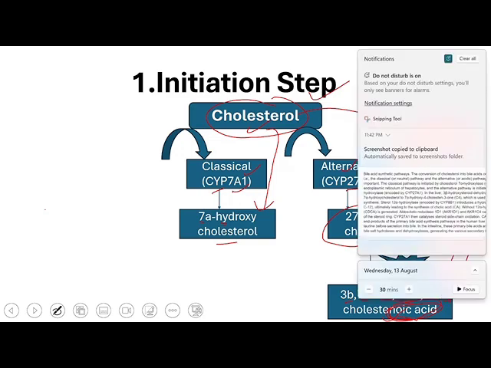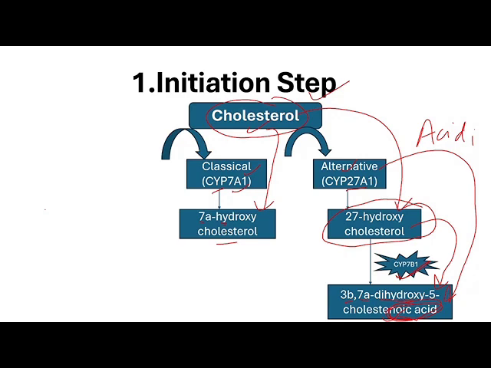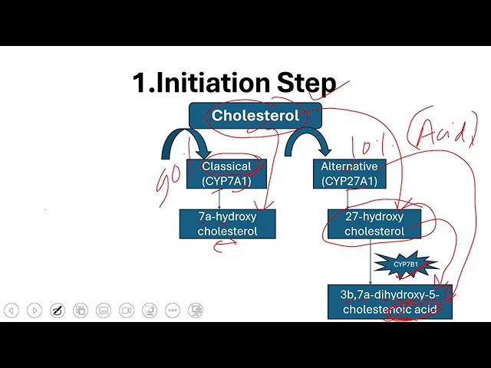However, both pathways lead to the synthesis of the bile acids, but in the classical pathway there is no intermediate where acid is present. So this classical pathway is also called the neutral pathway, but the alternative pathway is called the acidic pathway. And this contributes for only 10% of the bile acid synthesis, and this contributes for 90% of bile acid synthesis.